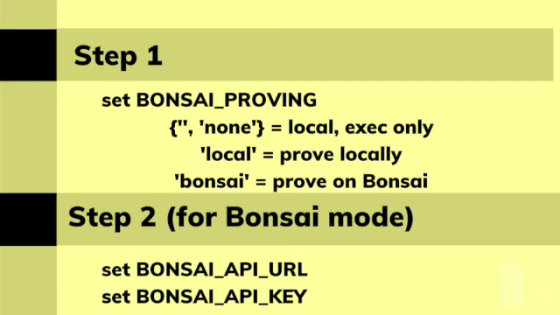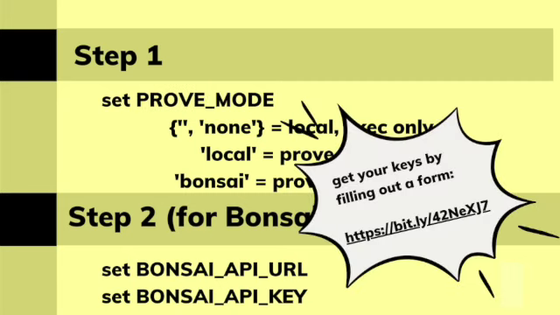And we're also going to include it in just a second here. So go ahead and get your keys by filling out that form. But if you don't have them yet and you want to get developing, it's pretty seamless to then set this URL and key later, set the Bonsai proving mode, and get started.